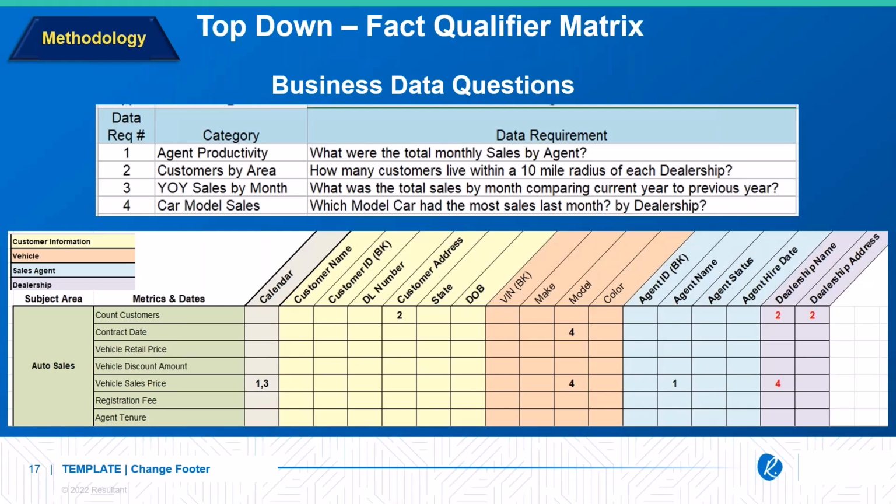Another thing that I like to do is, instead of just having these numbers, and the numbers represent in the crosshairs or cross cells, answering that business question, okay? What data does it take to answer that business question? A lot of times you might be using ClearQuest to do your requirements tracking, or maybe ADO.